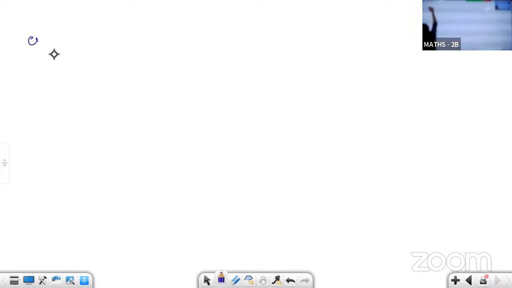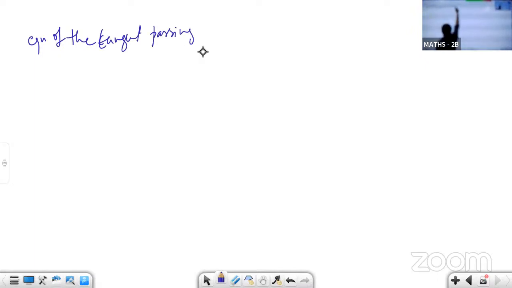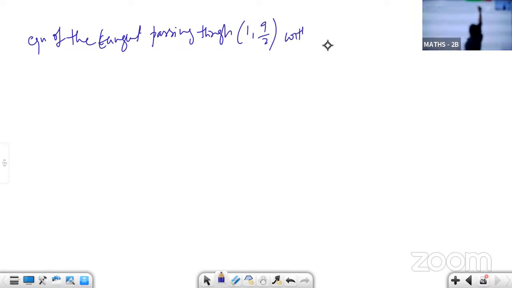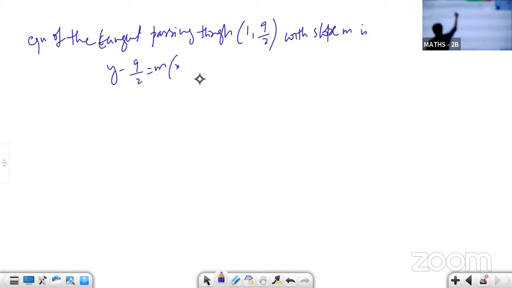Now, equation of the tangent, that is transverse common tangent only. Tangent passing through the point (1, 9/2) with slope m is y minus y1, that is y minus 9/2, equals m into (x minus 1).